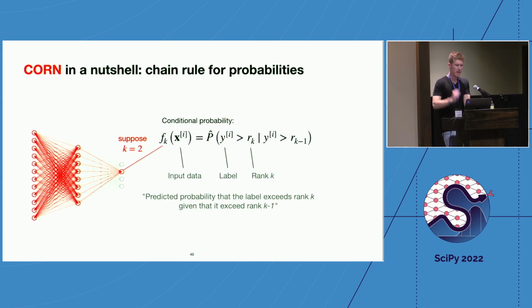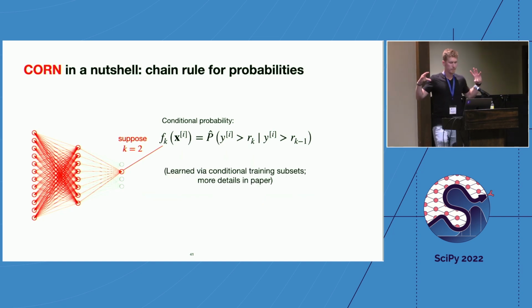But in a nutshell, how this works is at each output node, we compute a conditional probability. For example, here, I'm highlighting output node 2, and at this node, we are computing the predicted conditional probability that the label is greater than rank 2, given that the rating is greater than 1 from the first node. So it's essentially this conditional probability that we can then learn with so-called conditional training sets.